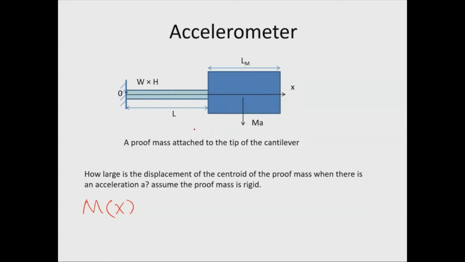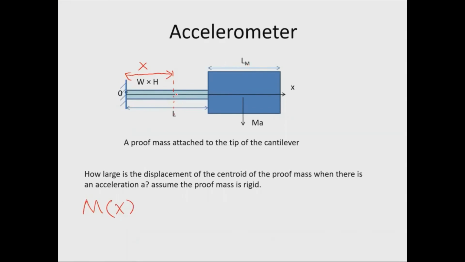Actually, M(x) can be calculated by hypothetically cutting the beam at the position x. So let's assume this distance is x. And please note that the total length of the cantilever is L, and the length of the proof mass is L sub m.